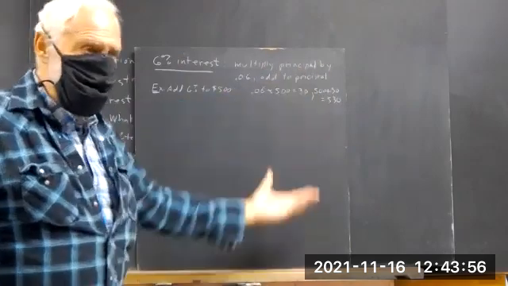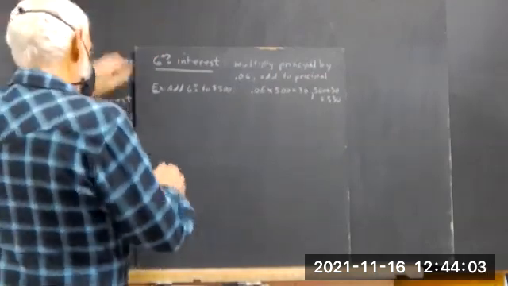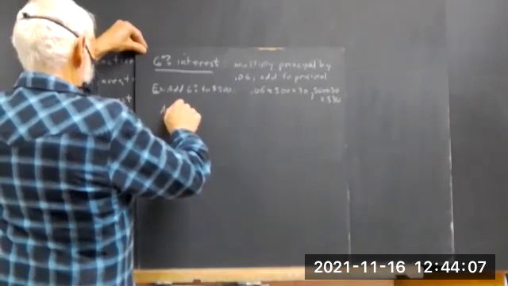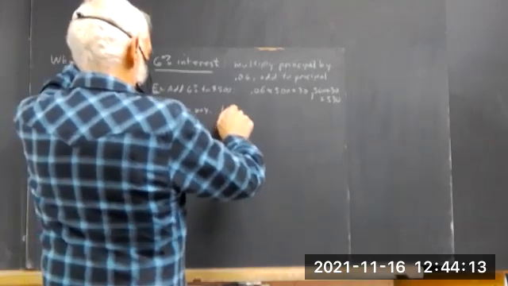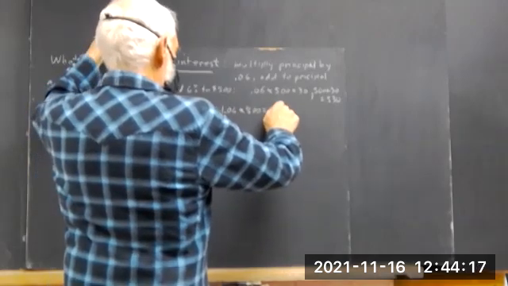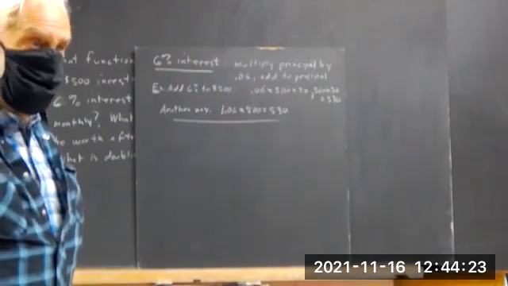Here's your calculation. Very straightforward. Everybody knows how to do that. Now, $1.06 times 500 is 530, right?